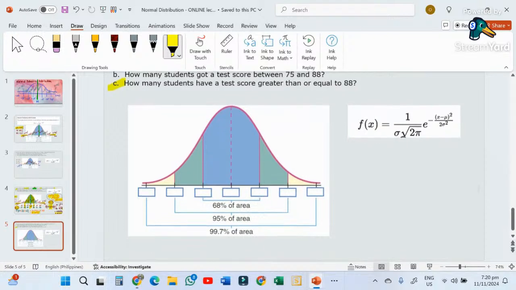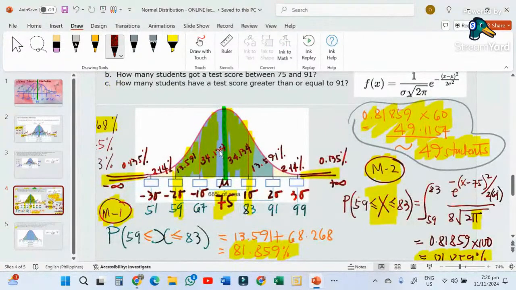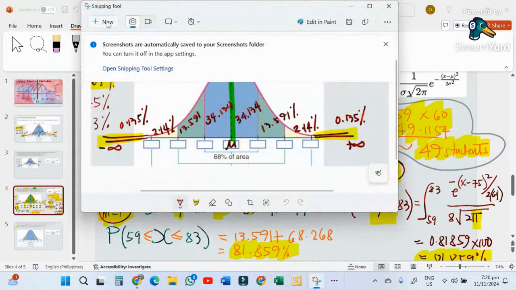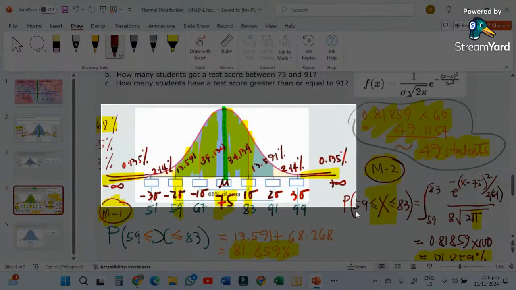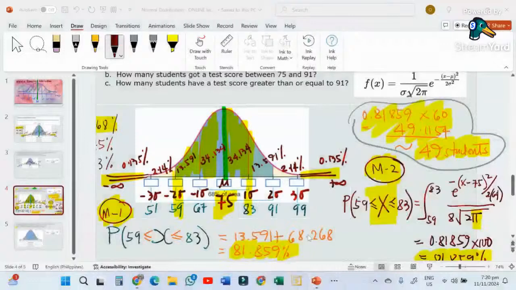Right, for letter C, how many students have a test score greater than or equal to 88? Oh, I have changed that to 91, right? 91. Okay. But I need this stuff in here. So hang on, I have to take this because I need the percentages.